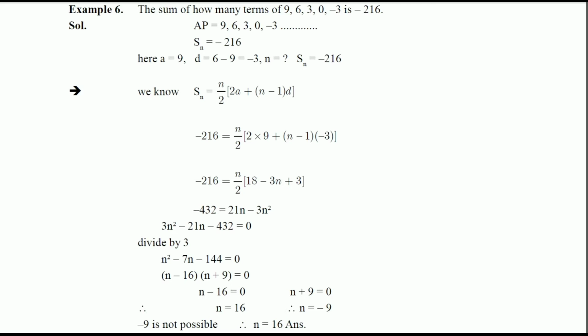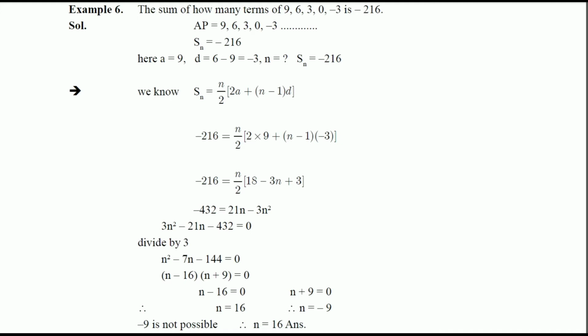To find n, we have the formula of Sn, the sum of n terms: Sn equals n by 2 bracket 2a plus (n minus 1) into d. When we substitute the values, we get -216 equals n by 2, because n we don't know, bracket 2 into 9, plus (n minus 1) as it is, into d which is -3, bracket closed.